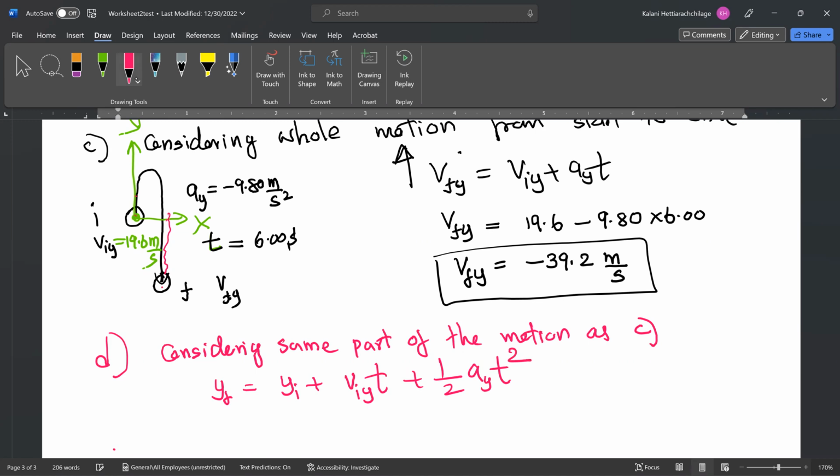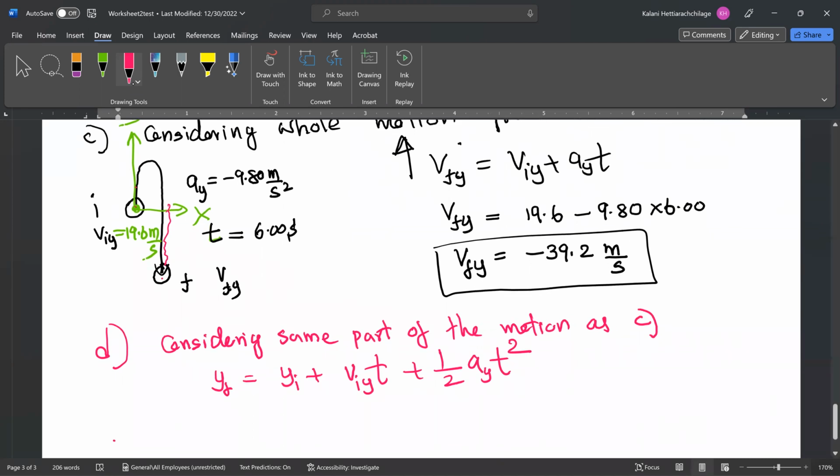This formula is very useful most of the time, but because it is a quadratic formula, you need to make sure that you do not have two unknowns in the formula, otherwise you need to solve the quadratic formula. Sometimes we may need to do it because there is no other way to solve the problem, then you can solve the quadratic formula to find the time, right? But other than that, try the other two first, and if they do not work, then you move to this one.